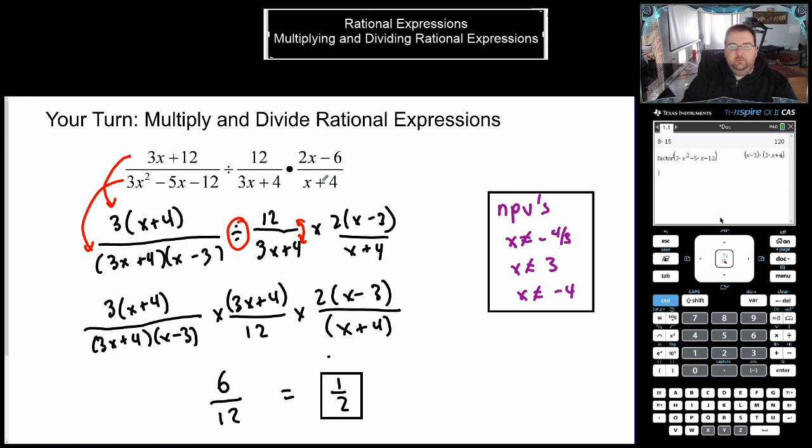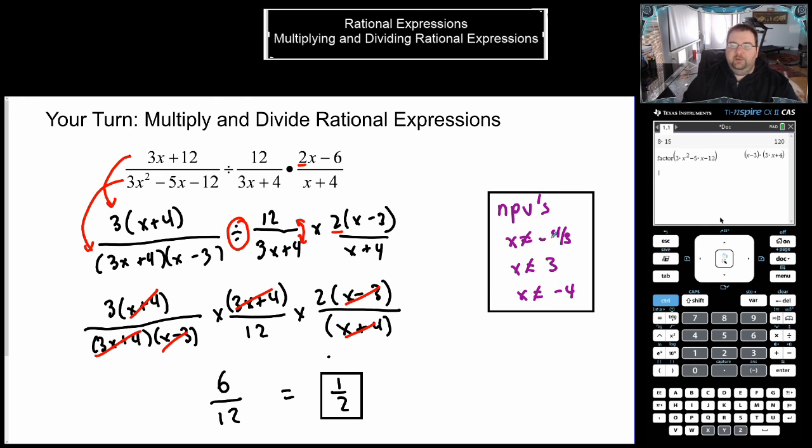While we did factor out a 2 here. So we factored out a 2 here. Now we can cancel things out. So we have an x plus 4 on the top and the bottom. We have a 3x plus 4 on the top and the bottom, and an x minus 3 on the top and the bottom. All you're left with is 3 times 2 on the top, which is 6, and 12 on the bottom. 6 over 12 can get simplified down into 1/2.